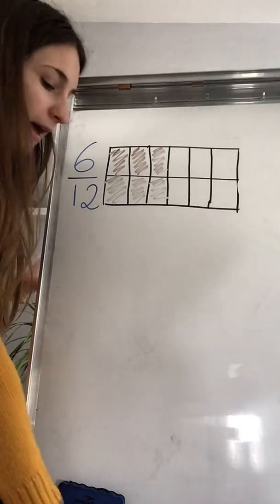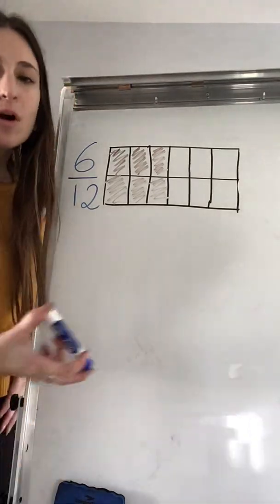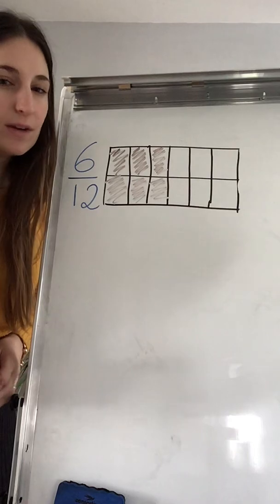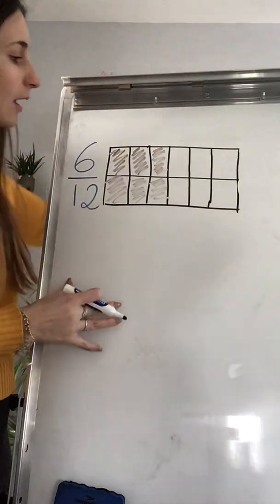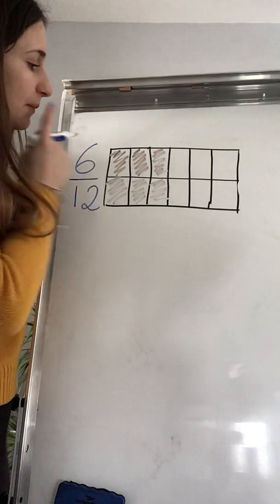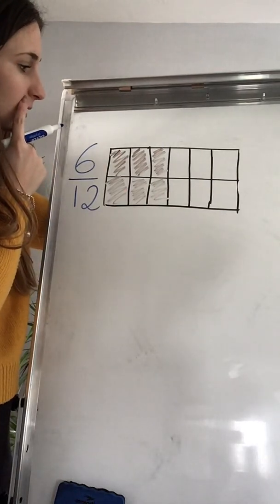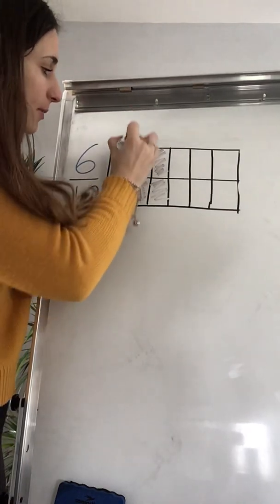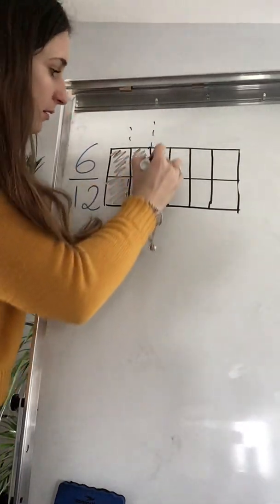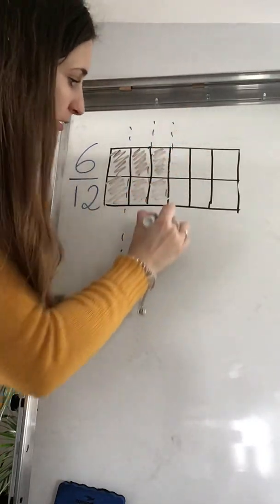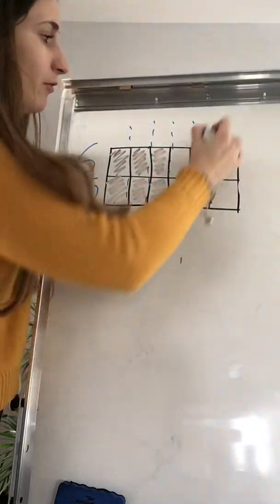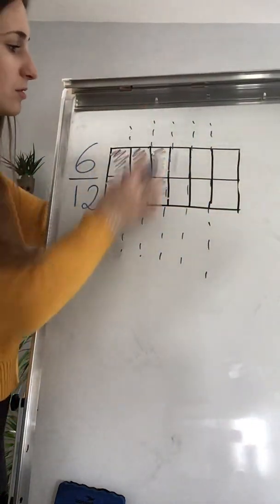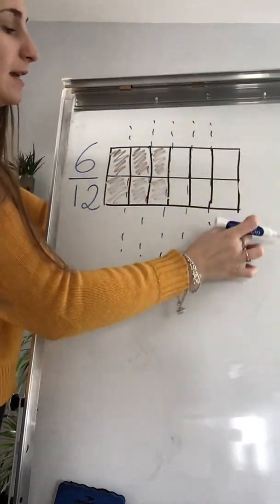Now I'm going to see visually how I could see this as an equivalent fraction. I'm going to see if I can break my fraction, instead of into 12 equal parts, into 1, 2, 3, 4, 5, and 6.